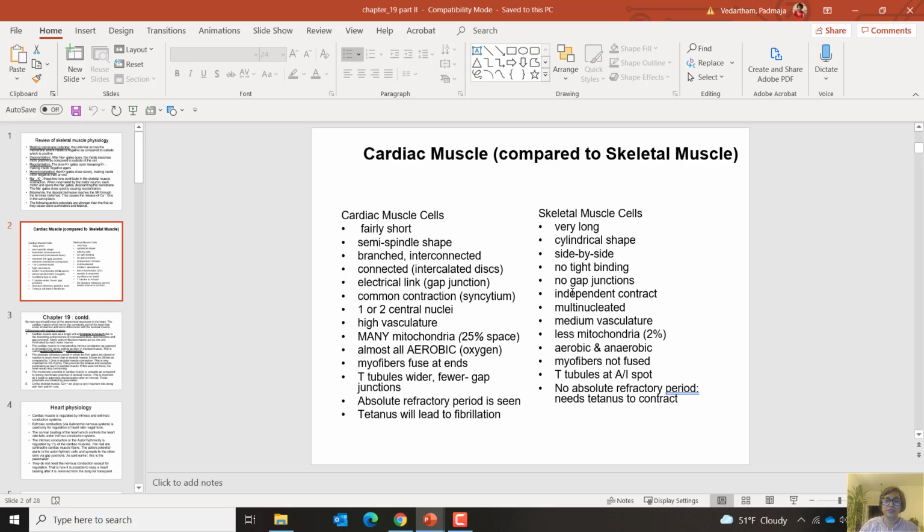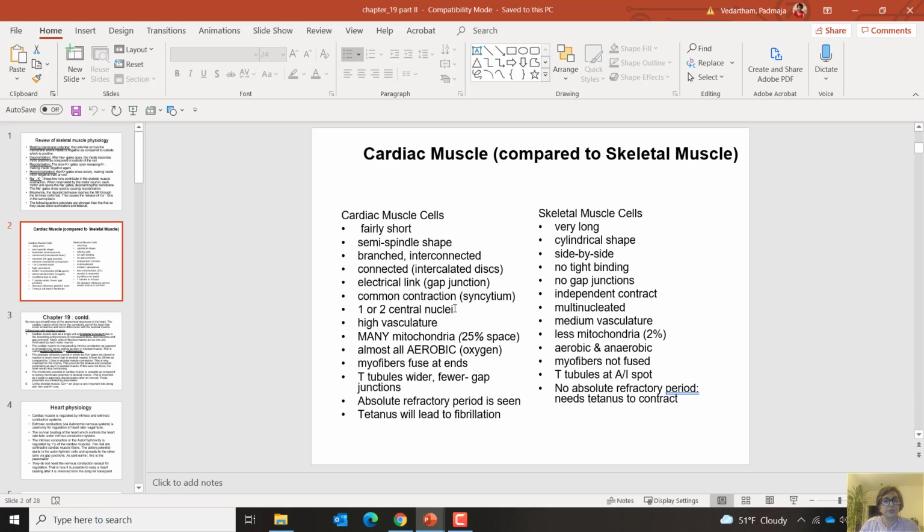Whereas in skeletal muscles, each muscle cell contracts on its own, though we have a concerted contraction of the muscle as a whole, because of the individual muscle cells responding to the neuron that is giving the message to them. Here it is one single contraction, so they all sync together and contract.